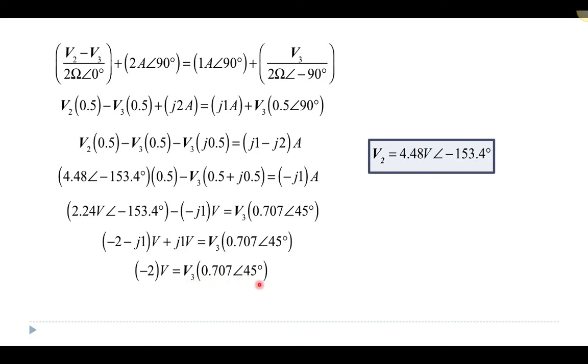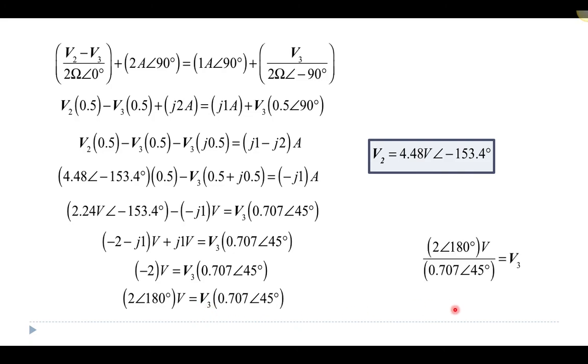I can write negative 2 as 2 with a phase angle of 180, and now I can solve for V3 by dividing both sides by 0.707 with a phase angle of 45. 2 divided by 0.707 is 2.83. 180 degrees minus 45 is 135. So I have my voltage V2. I now have my voltage V3, and luckily I haven't really had to solve simultaneous equations.